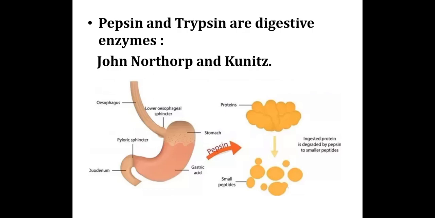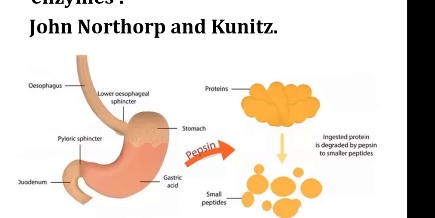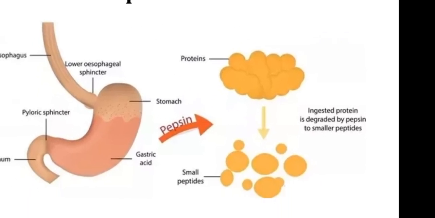Pepsin and trypsin are digestive enzymes. This was first recognized by the scientists John Northrop and Kunitz. Pepsin is secreted by the gastric glands and is involved in the digestion of protein.